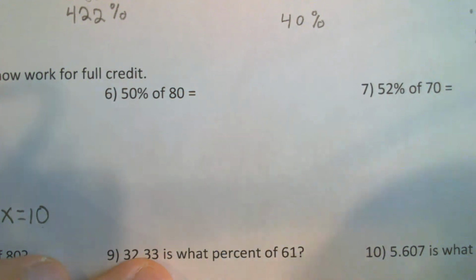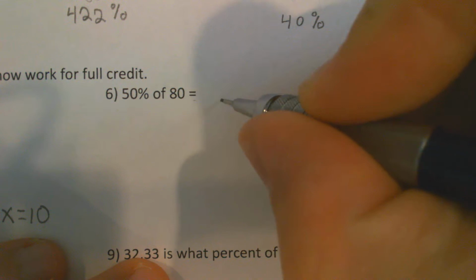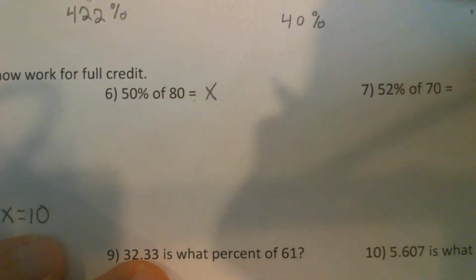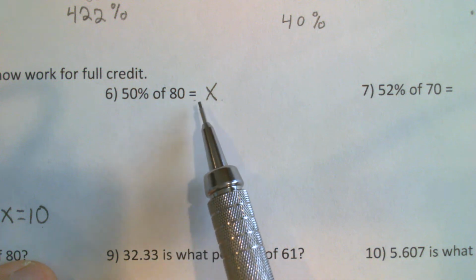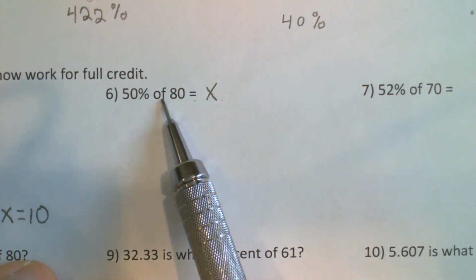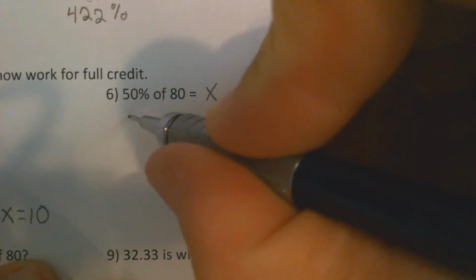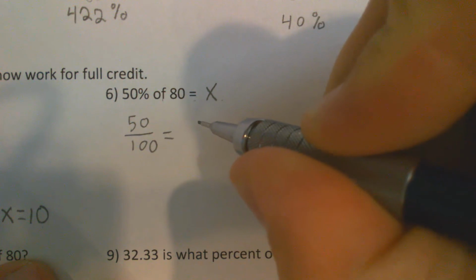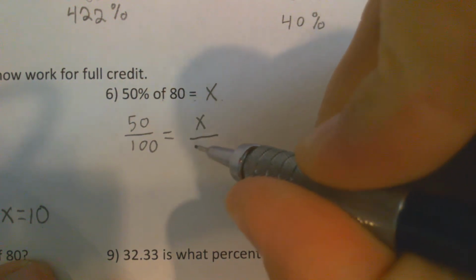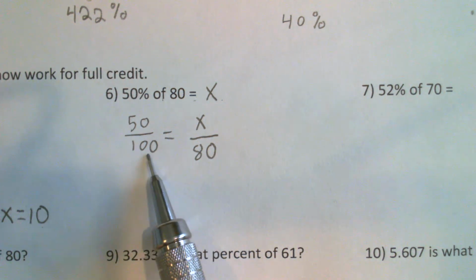50% of 80 is, again, we're trying to figure this out, so that would be our variable. We have is, we have an of, so we're going to do is over of again. Cross multiply.